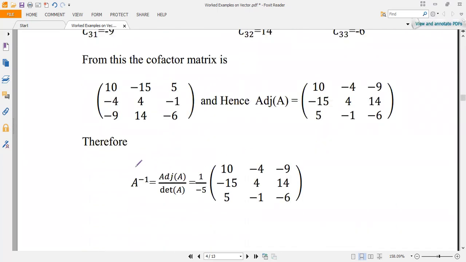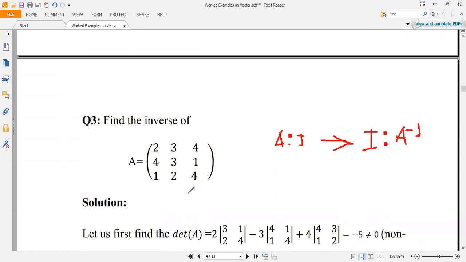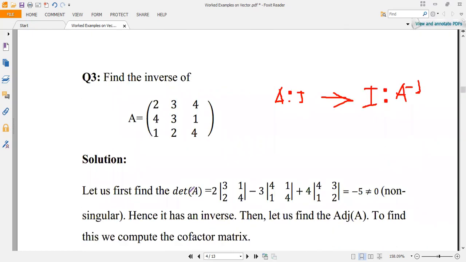Using the determinant and adjoint, we can find the inverse of the matrix as the adjoint of A over the determinant of A. So any matrix to be inverted, its determinant should be different from 0. So let's find the determinant of the matrix using the determinant definition.